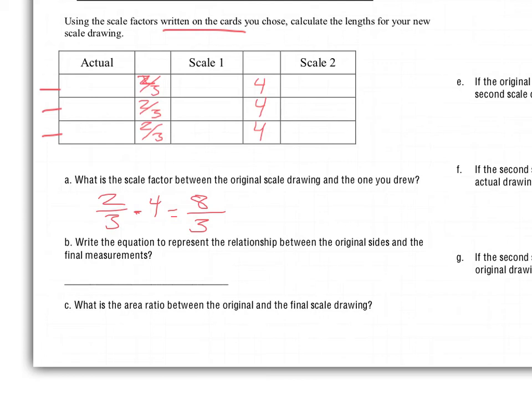Using that, we could write the equation y is equal to 8/3 x. And if I wanted to find the area ratio, this is just a little bit of review, I would multiply my scale ratio, 8/3, times itself, and that would give me 64/9.